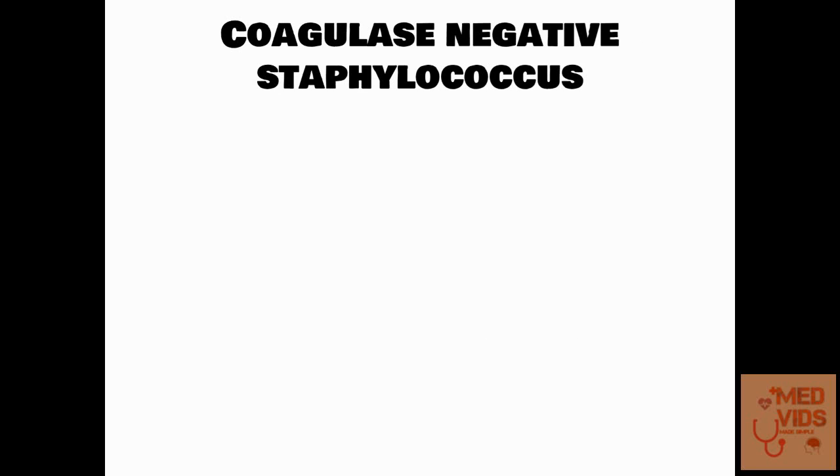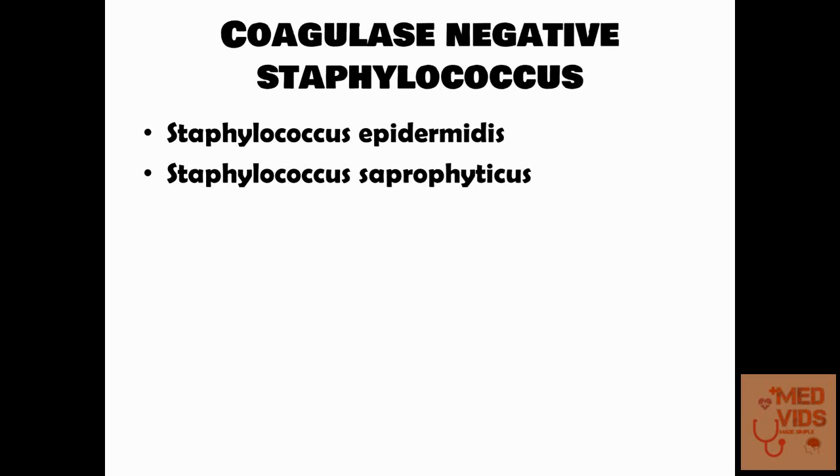Now, a brief discussion on coagulase-negative Staphylococcus. The main important coagulase-negative Staphylococcus are Staphylococcus epidermidis, Staphylococcus saprophyticus, and Staphylococcus lugdunensis. These were thought to be just commensals present on the body, but later they were found to be the culprits in various infections.